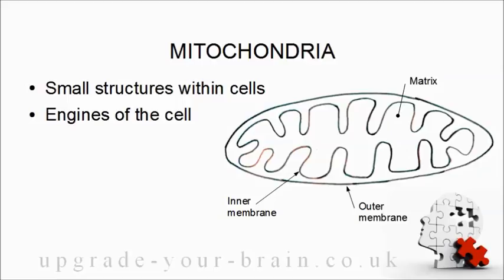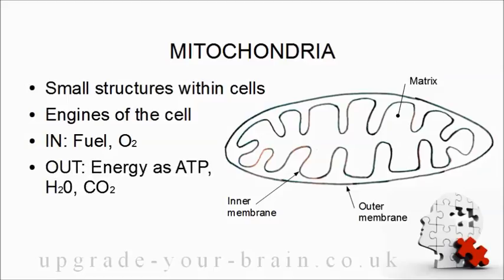And they have this double membrane structure, and this folded inner membrane is where much of the action takes place. So they take in fuel and oxygen, and just like a car engine, there's a controlled burning of the fuel in the presence of the oxygen. That releases energy, which is captured and stored as a molecule called ATP. And ATP is then passed out of the mitochondrion so that it can be used by the cell.